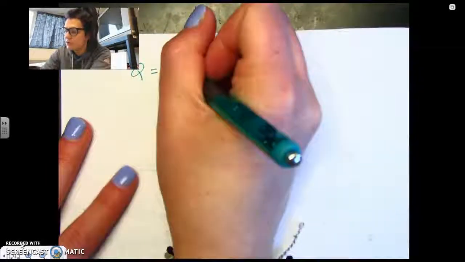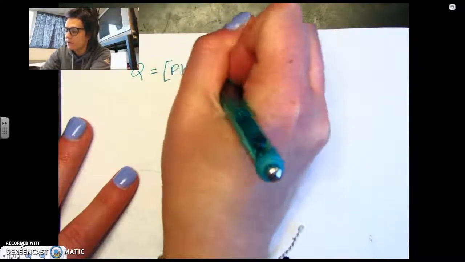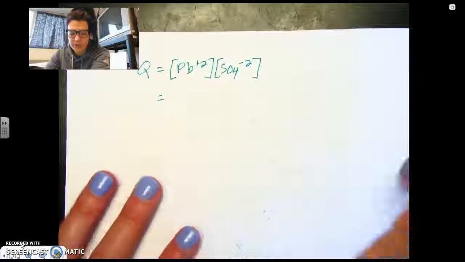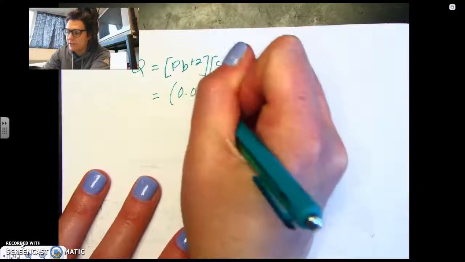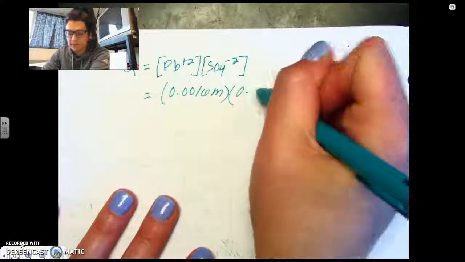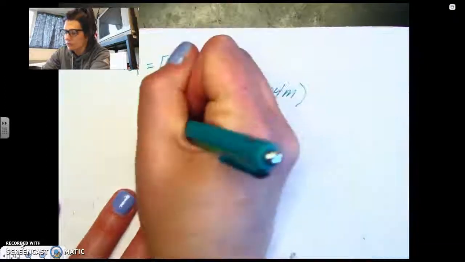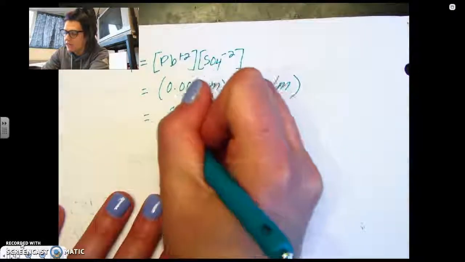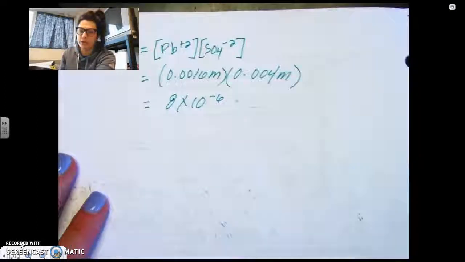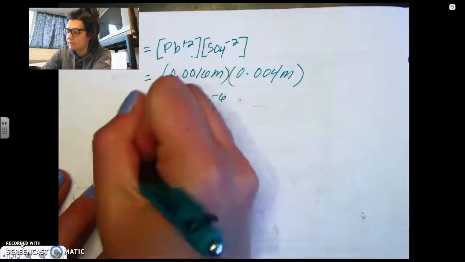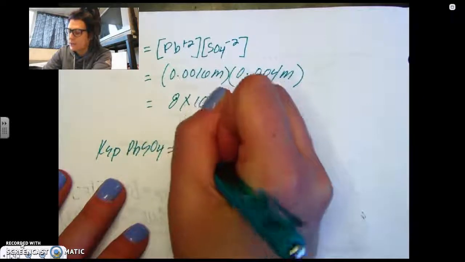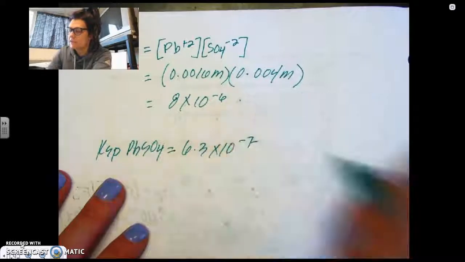Q is equal to the concentration of the lead ion times the concentration of the sulfate ion. The lead concentration was 0.0016 molar and the sulfate concentration was 0.004 molar, so Q is 8 times 10 to the negative 6. The problem gave the KSP of lead sulfate as 6.3 times 10 to the negative 7th.